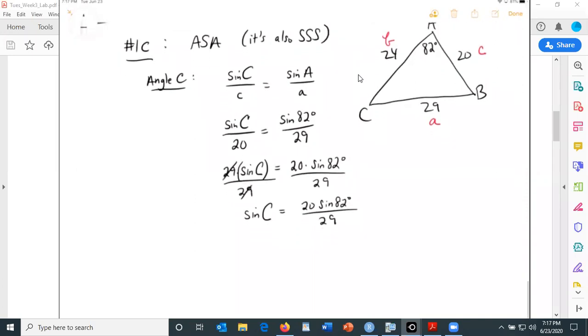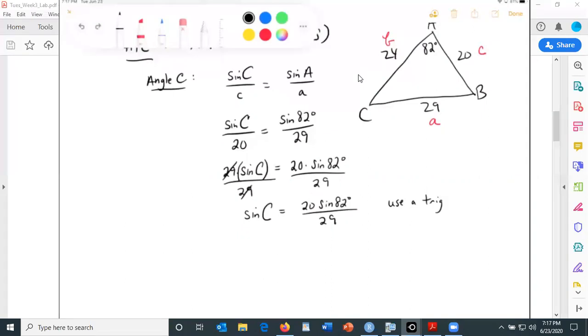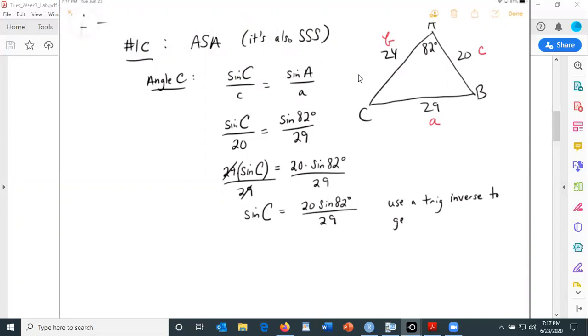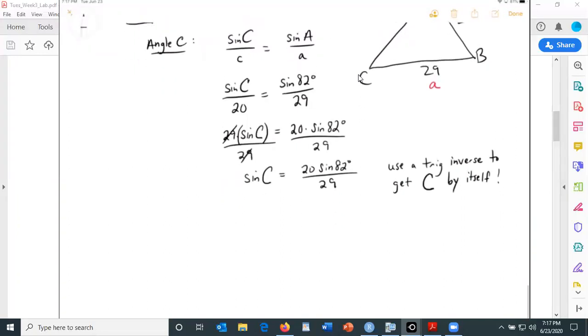So remember, the last thing that we learned last night was trig inverses. So we're going to use a trig inverse to get angle C by itself. So remember, what does that mean, a trig inverse? Remember, that's the function where you have a little -1 on top of it. So remember, that sine to the -1 is actually read as the inverse of sine, right, or sine inverse.